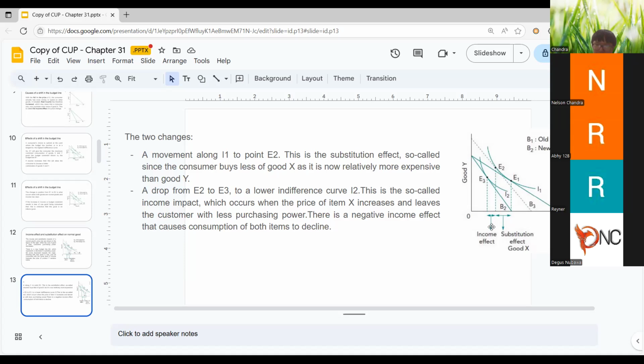Under this situation, there is an increase in the price of good X, right? If there is an increase in the price of good X, your overall income or budget goes down. When your overall budget goes down, you will decrease the consumption of both goods. That is considered a negative income effect. Do you get it, Nelson?